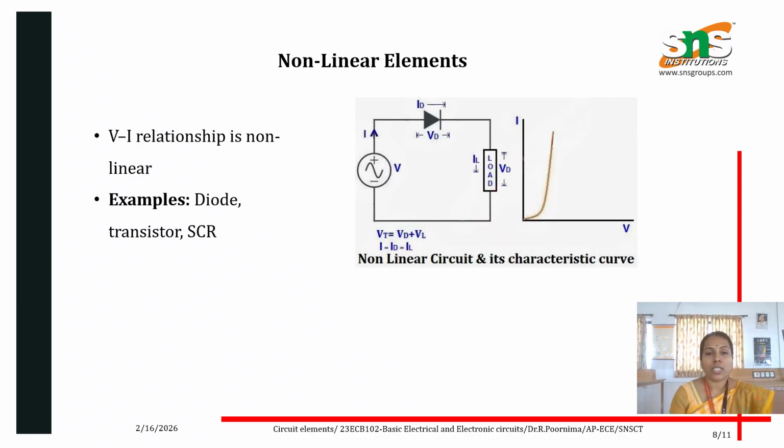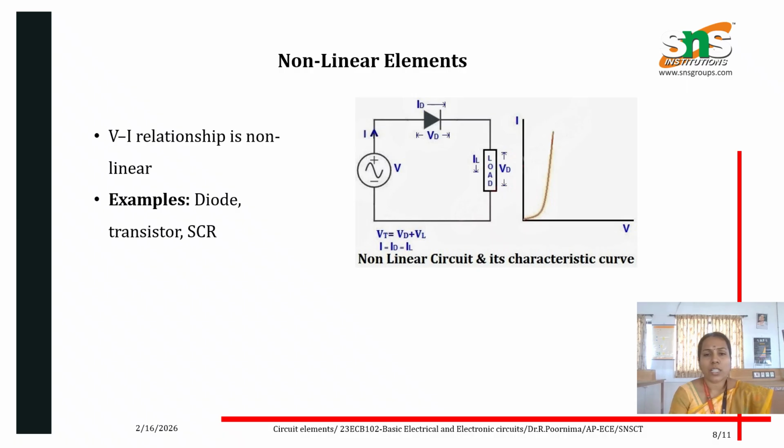And non-linear circuit elements. Here we consider a voltage source connected to a diode and load. So this is the non-linear circuit. The diode conducts in the forward biasing direction. The VI characteristic curve is shown. Here the voltage is applied in the forward bias direction and the current is drawn in this VI characteristics curve.